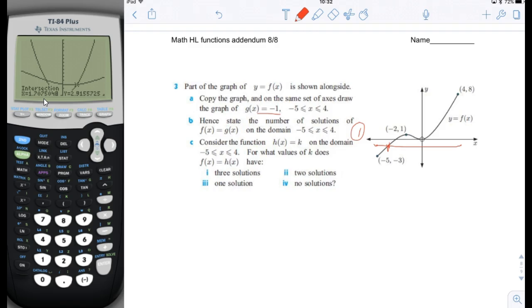C, consider the function h of x equals k on the domain -5 is less than or equal to x is less than or equal to 4. For what values of k does f of x equal h of x have? Okay, so basically what they want you to do is think about a horizontal line at height k that you're going to draw at any point on this graph.